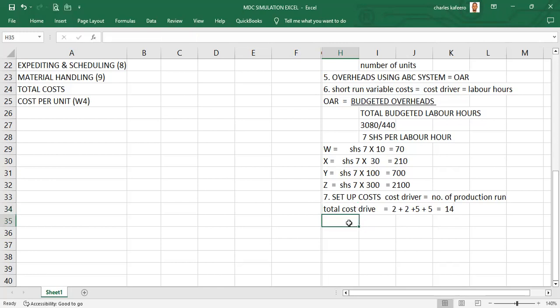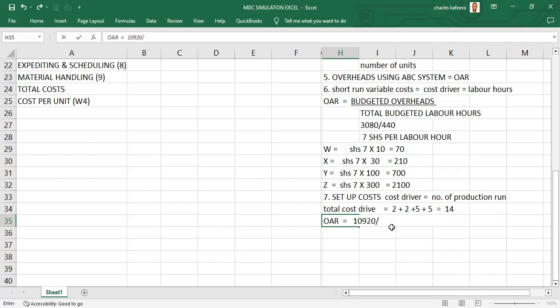Now the third step is to get the OAR. I'm not going to repeat the formula. We said the OAR of the individual cost, and the individual cost for the setup cost was 10,920.